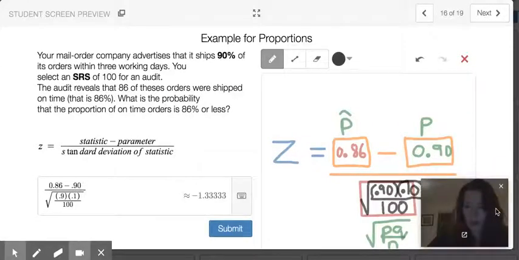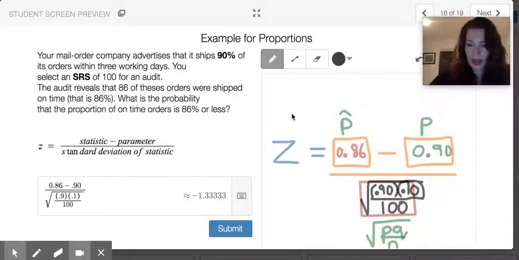All right, next we are going to look at where it is on the curve. The Z-score is always going to be statistic minus parameter over standard deviation of the statistic. You're better off using words than symbols, because you can't go wrong with the words, but if you mess up on your symbols, you will be docked points.